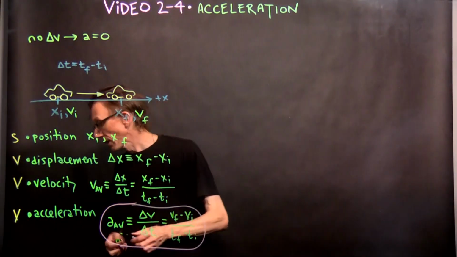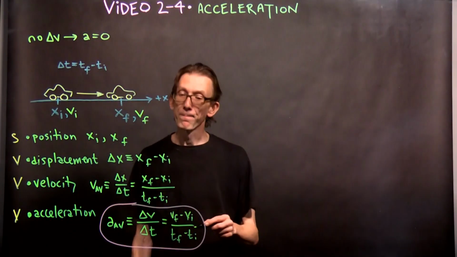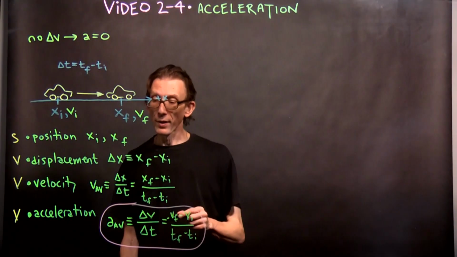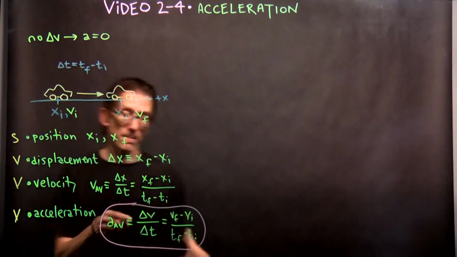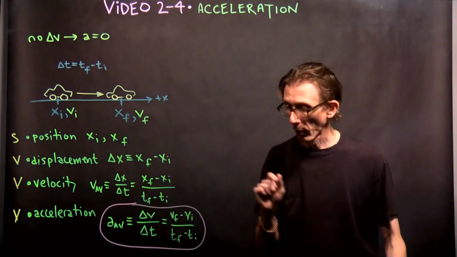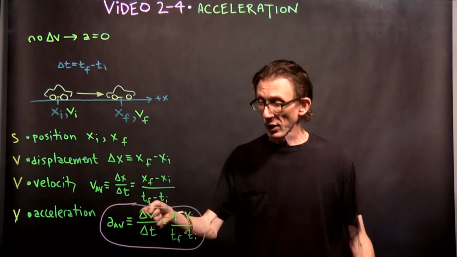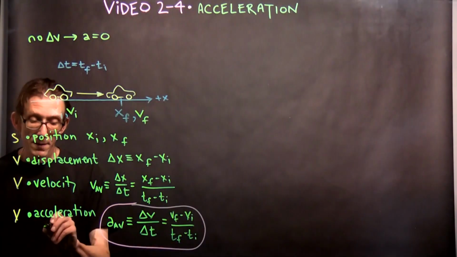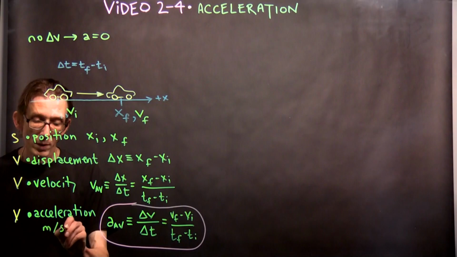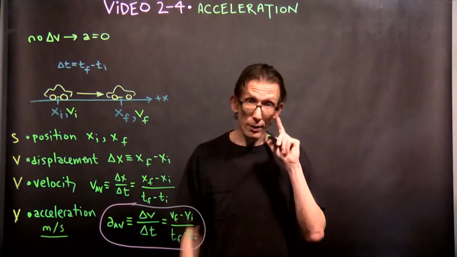And to help you get a sense of this, I should say something about the units. The unit of acceleration: it's delta V over delta t, so it's a velocity over a time. So the units of acceleration are meters per second, right? That's the velocity in the numerator.